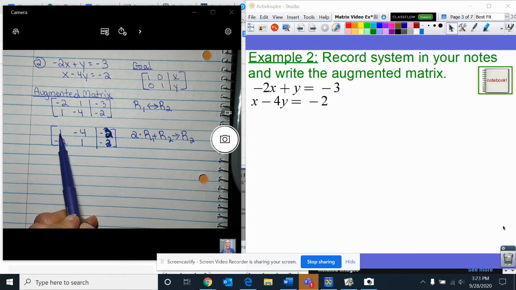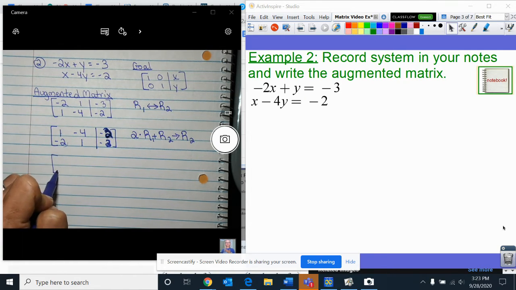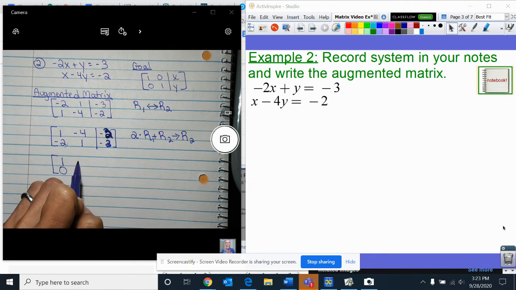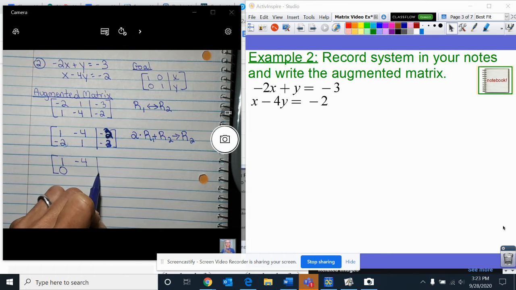2 times 1 is 2. 2 plus negative 2 is 0, which is what we wanted right here. Remember that the first row was not changed.